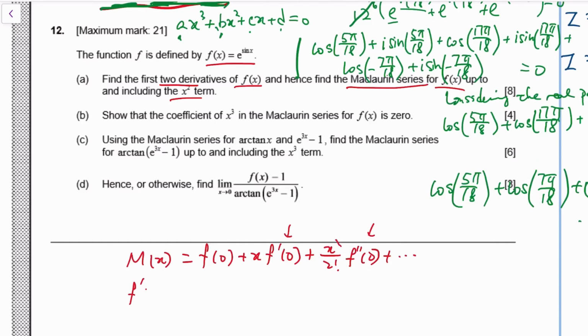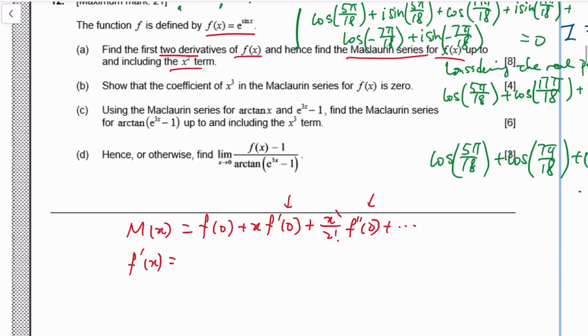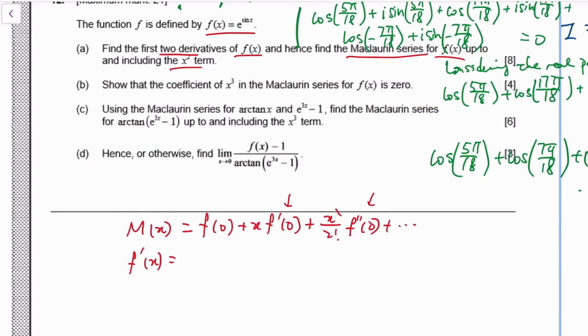f prime x. We need the chain rule: differentiate the outside, the e, just the same thing, times differentiate the inside, differentiate sine x is cosine x. Okay. We'll need f prime 0, but let's do that later because the question did ask for the first two derivatives first. For the second derivative, we'll need a product rule. So differentiate the first thing first. You can do it either way.